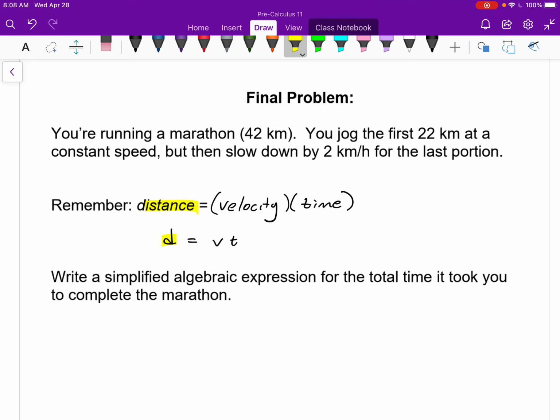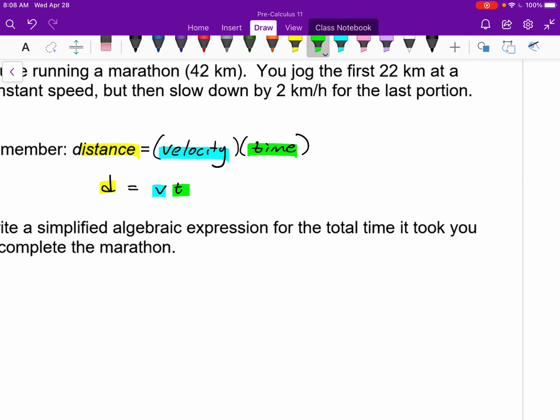And this can be rearranged in any way, and I'm sure this sounds familiar. So I can solve for any of these variables. So for example, if I divide both sides by v right here, I can rearrange this expression and say time equals d over v.